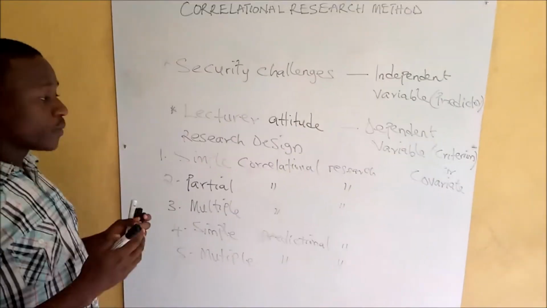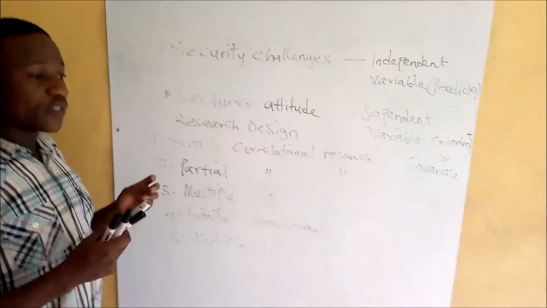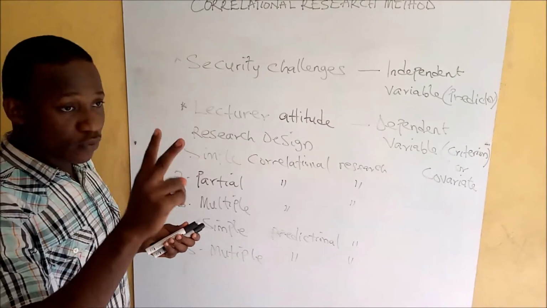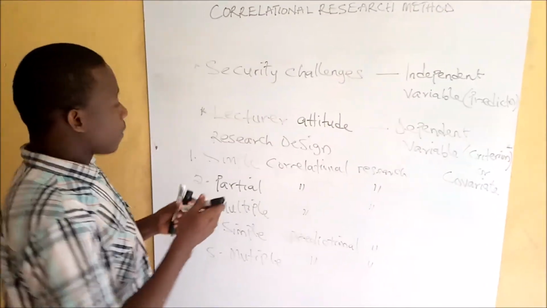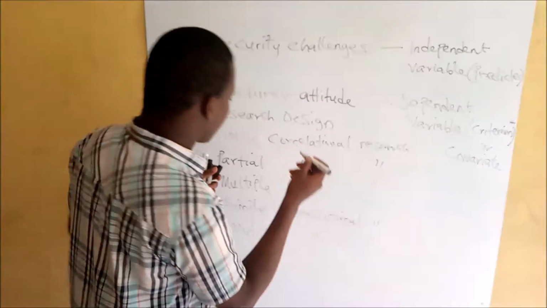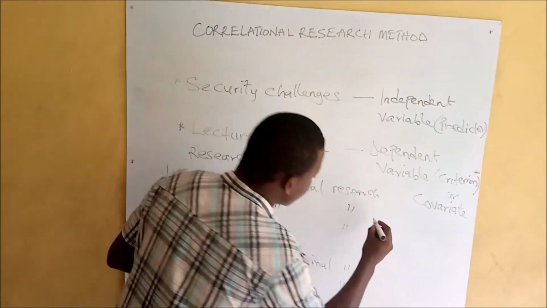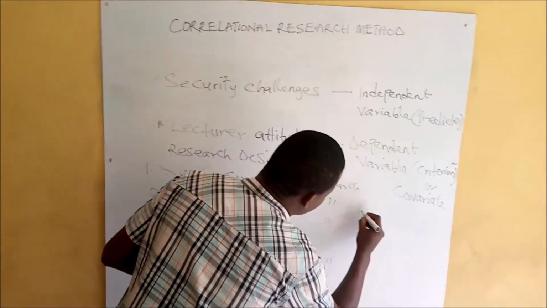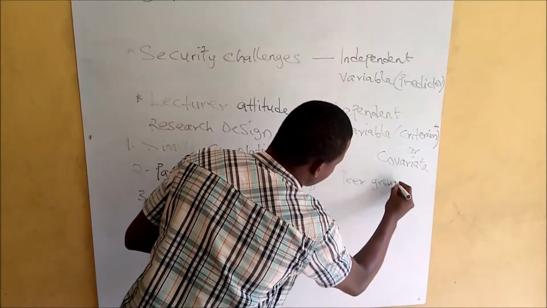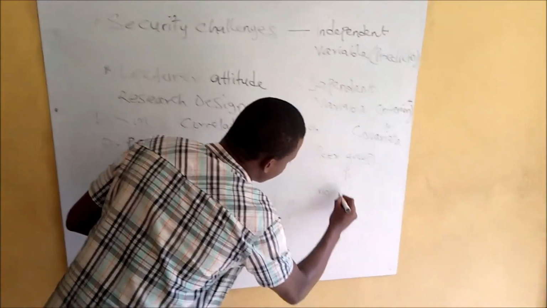Like the simple correlational research design. This is the type of research design that is adopted when a researcher is trying to check the relationship between two variables, only two variables. For example, you are checking the relationship between maybe peer group and indecent dressing.